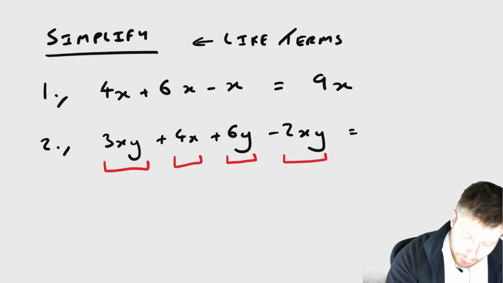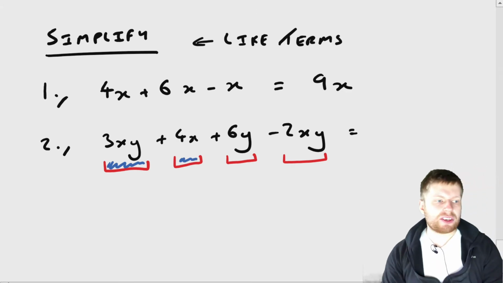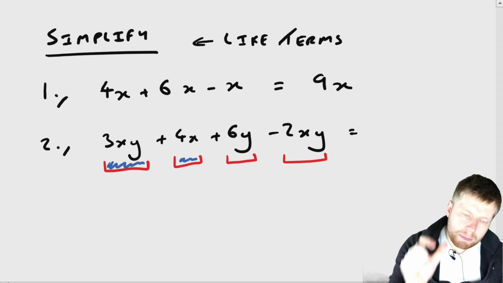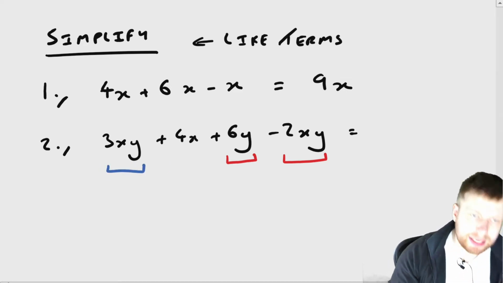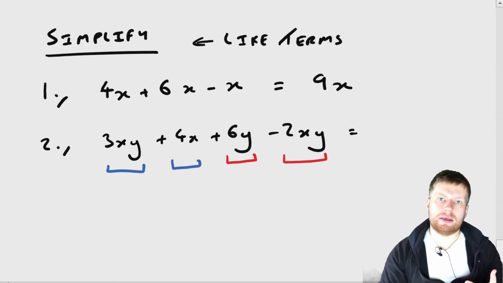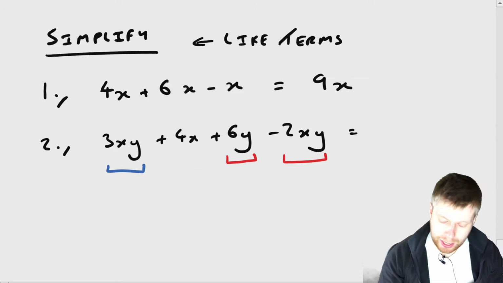Okay, now I want to find the terms which are alike. Now, don't fall into the trap here. You notice this term and this term have both got an x in. These are not like terms though. The reason being is because the first term, this term here, has an x and a y in, whereas this term only has an x in. So therefore they are not like terms, okay? They have to have both an x and a y in.